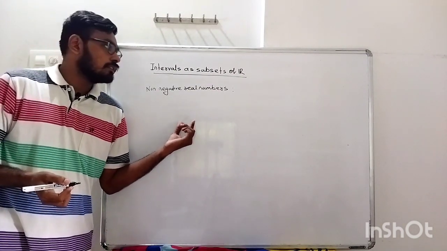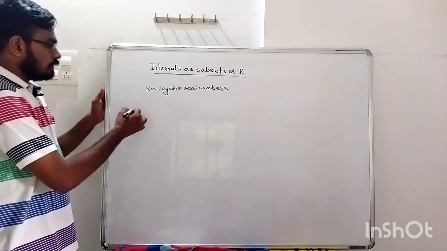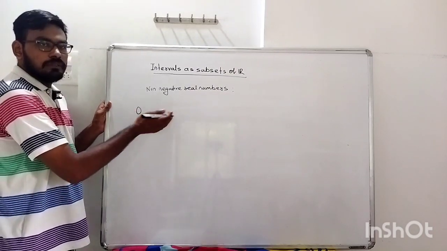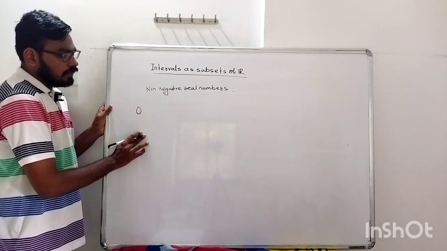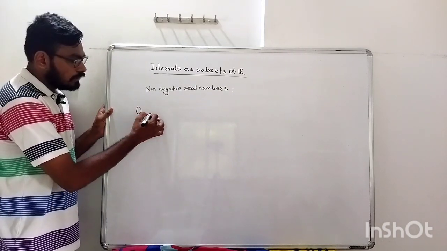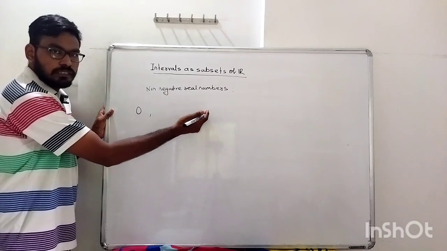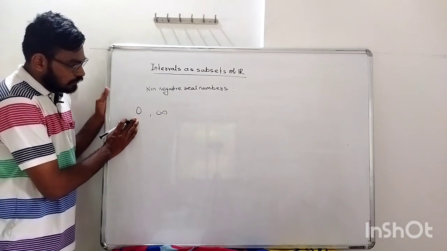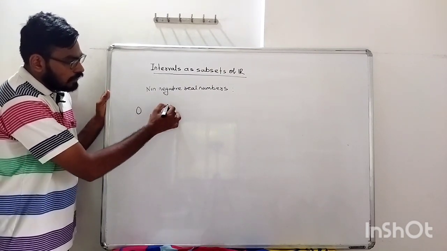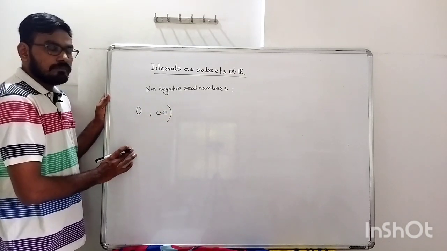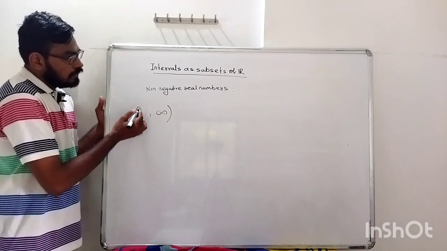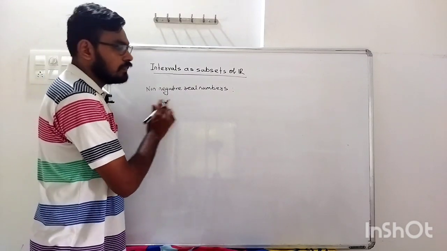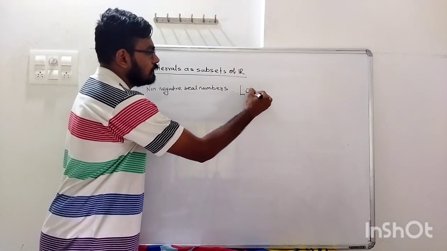Obviously 0 is not negative, so they will start from 0 and then continue: 0, 0.01, 1, 2, 3, 4, all the real numbers. So the first number will be 0, and on this side, since there is no restriction, put infinity here, okay? And remember, for infinity we always put a round bracket. And for this side you have to check. They are non-negative real numbers, so obviously 0 belongs here. So this will be [0, infinity).